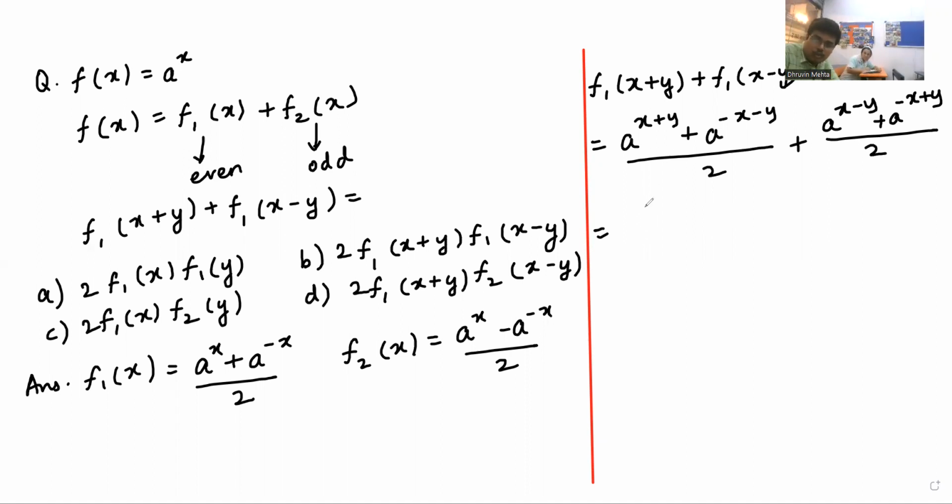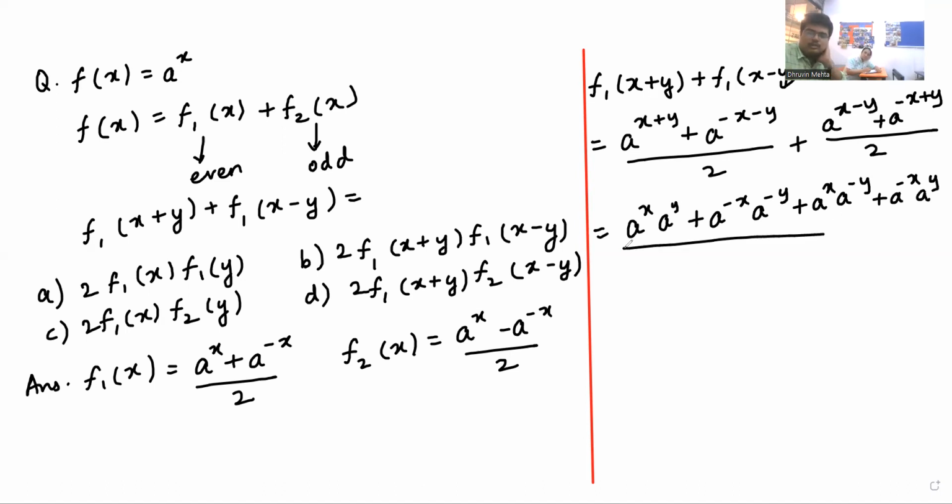So now, do we have any like terms to add or subtract? No, we don't. So see, we can write this as a raised to x into a raised to y. This will be a raised to minus x into a raised to minus y. This will be a raised to x into a raised to minus y. And this will be a raised to minus x into a raised to y.